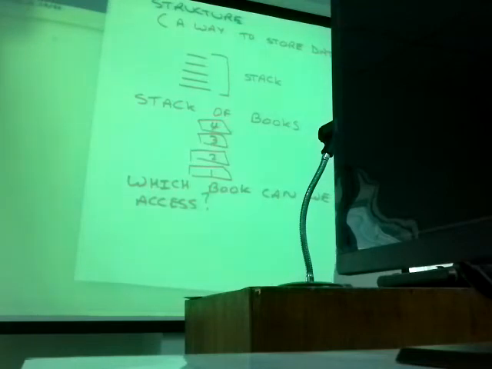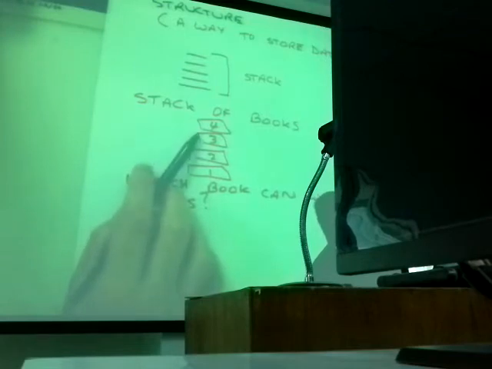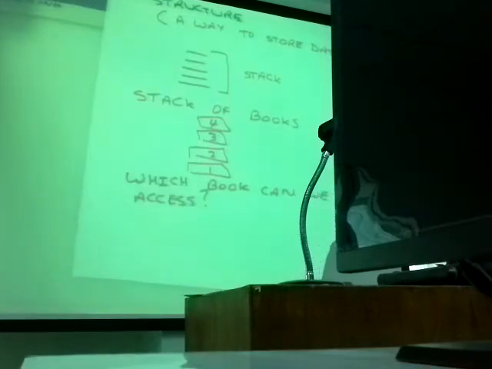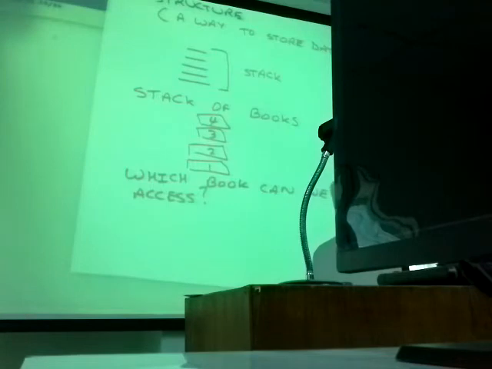Did someone say 4? Yep, the top one, right? I agree. If I have a stack of 4 books, I can only take the book at the top. If I take the book at the bottom, the whole stack falls down. I can't do that.